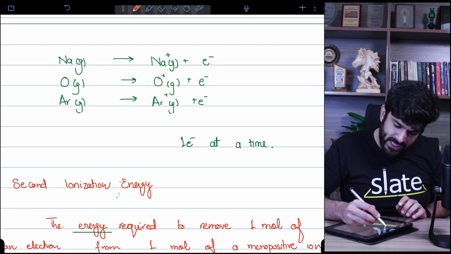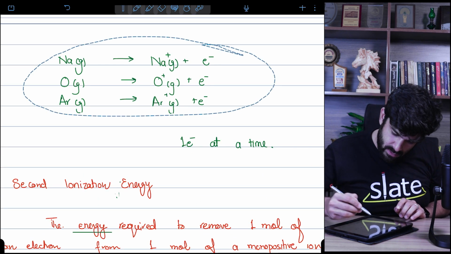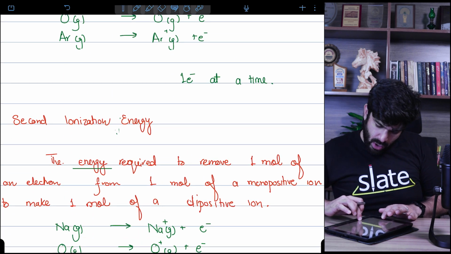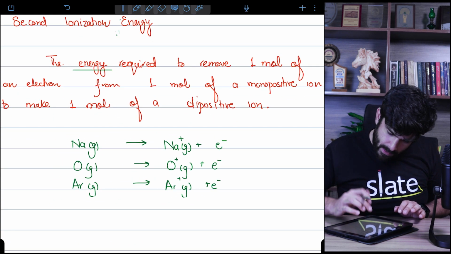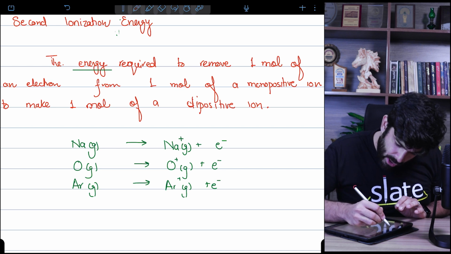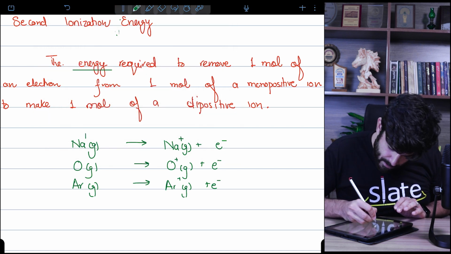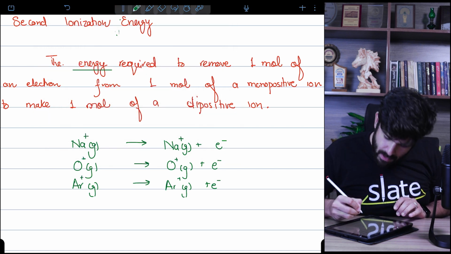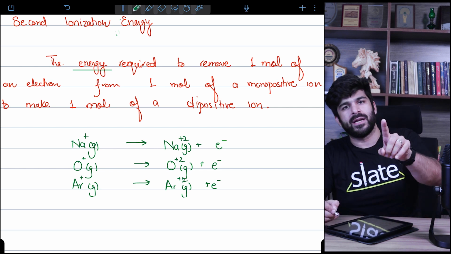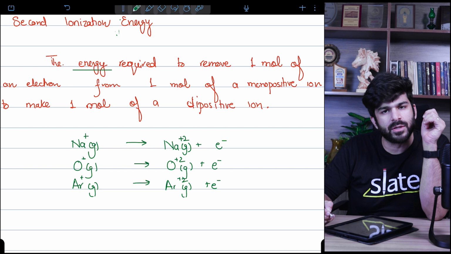And if we talk about these ones, let's say we have the same ones. What will we do now? Obviously, we will start off with ions this time. And now they would make dipositive ions, and at this time again, 1 mole of electrons is removed.